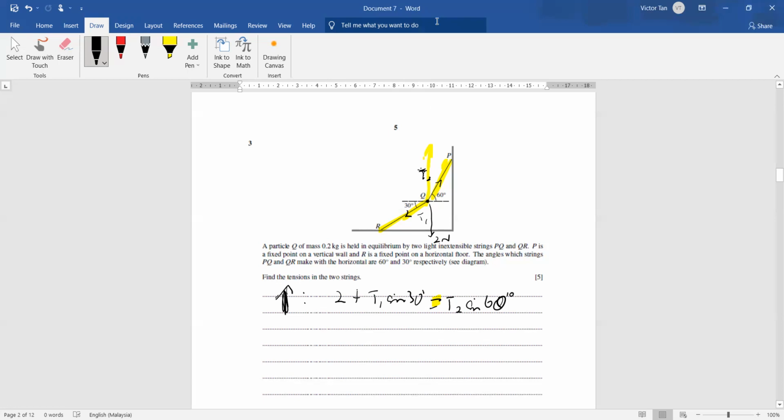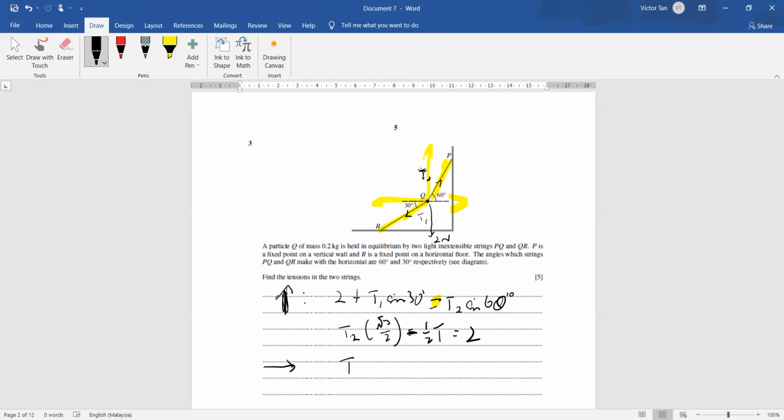Okay, sine 30 is half, sine 60 is root 3 over 2. So you have T2 root 3 over 2 minus half T1 equals 2. Now resolving horizontally, this to the left and this to the right.